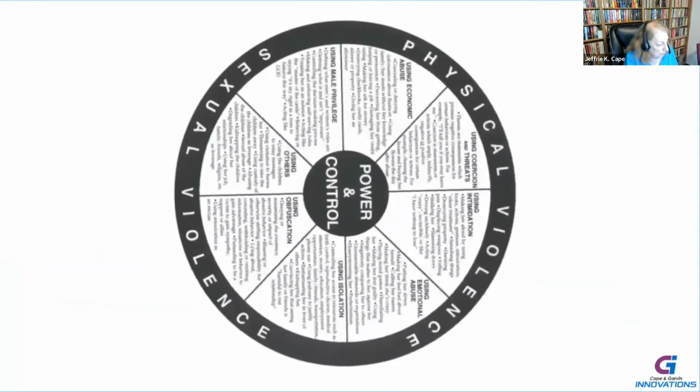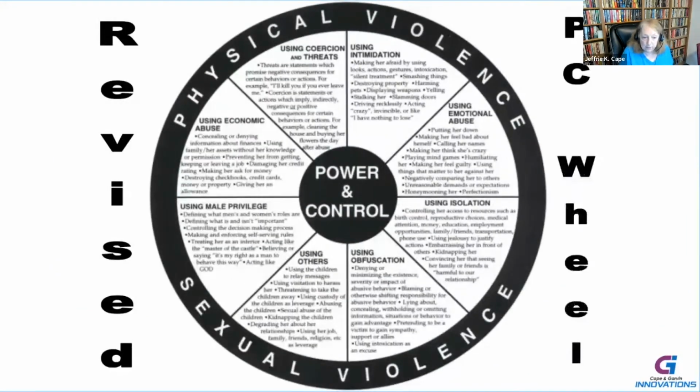Now I want to show you, this is a revised power and control wheel, and our program and Catholic Social Services ADA program are the only ones who have had the approval from Ellen Pence and Michael Paymar back in the day to make this revision. So what you'll see that's different specifically, so there's 3 things that are specifically different. The wheel is informed not just by the things that the women had said, but by the things the men said that, oh yeah, and we do this and this and this.